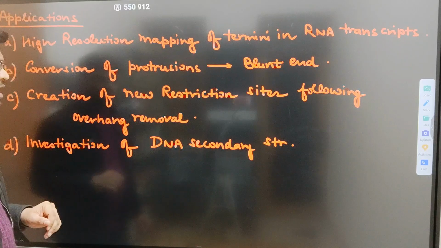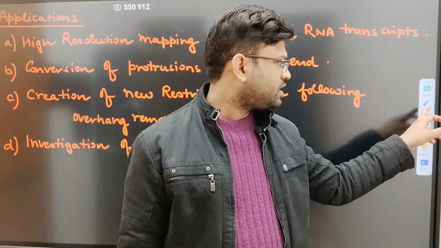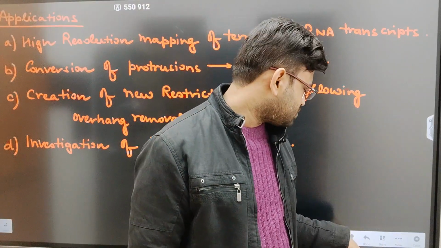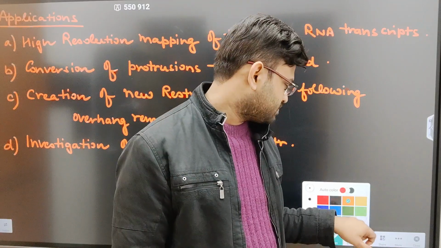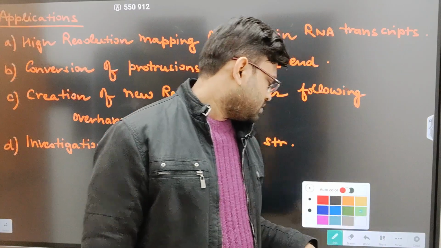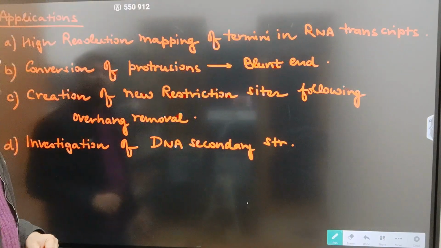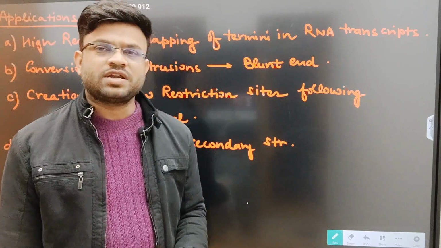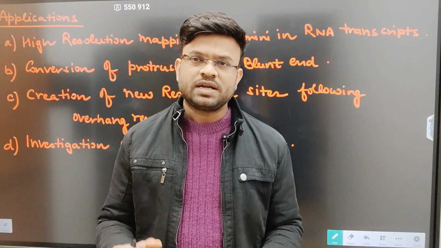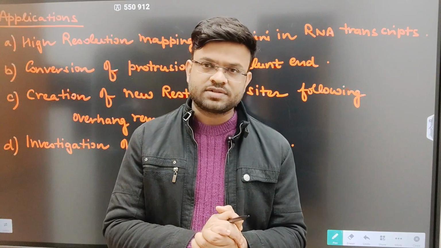And now coming to the final slide, over here I wish to talk about the applications of Mung bean endonuclease, or where would you use Mung bean endonucleases. Let us start. High resolution mapping of termini in the RNA transcript. Now you understand that RNA majorly is a single stranded structure.